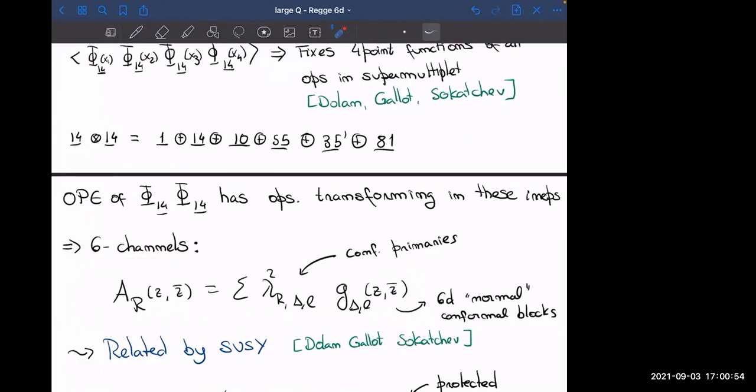So we'll have 6 functions of the cross ratios if you want to write down this 4-point function. So this R here goes from 1 to 6, labeling all these 6 representations. And each channel will have a decomposition in normal 6-dimensional conformal blocks. And these OPE coefficients correspond to the conformal primaries that are exchanged. These are just conformal primaries, not superconformal primaries. And now we have to see how supersymmetry relates them.